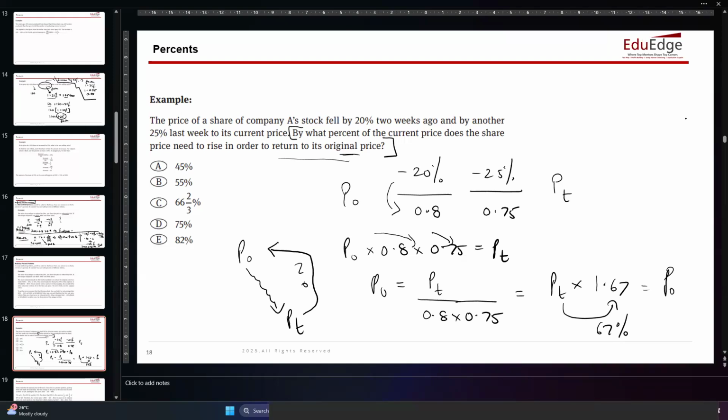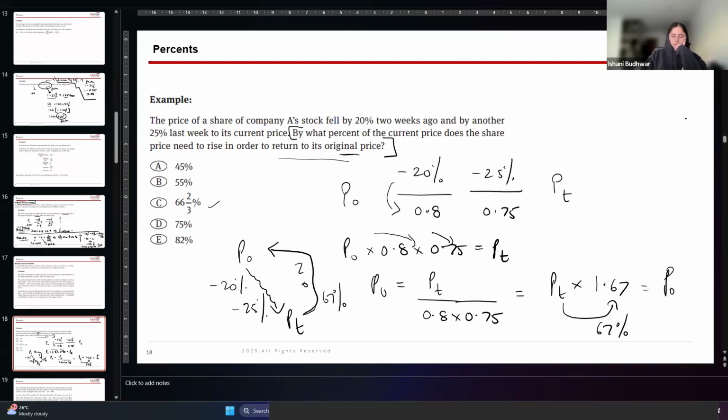So the stock fell 20% and fell 25%, so the base is lower. The stock will have to move even higher to cover for the lower base. So the stock has to move up by 67%, which is this option. This is an application of successive percent changes.